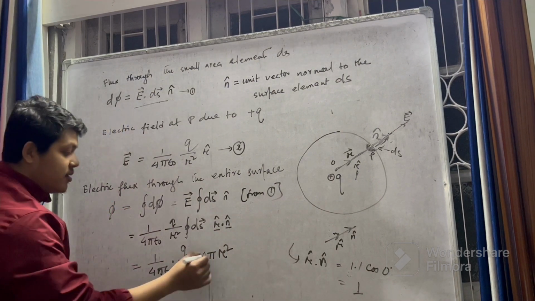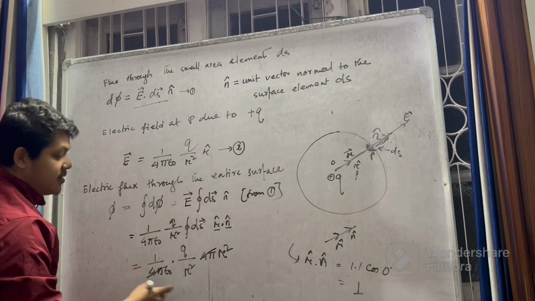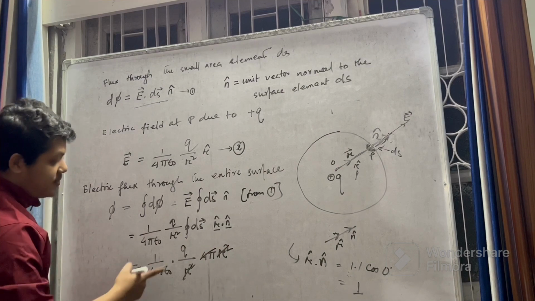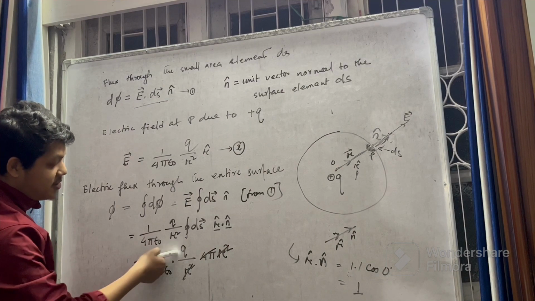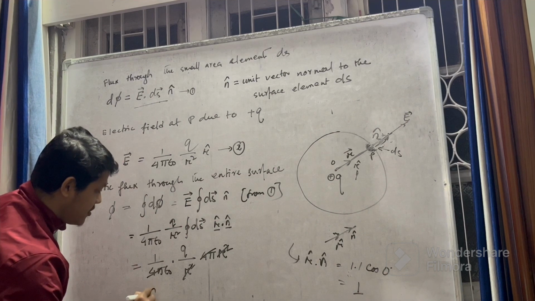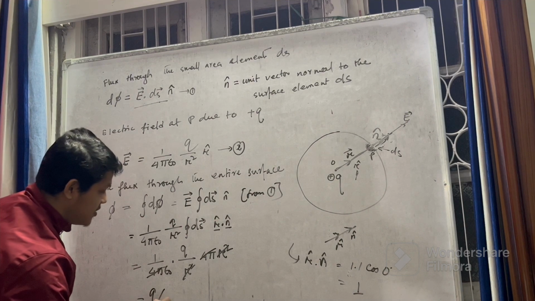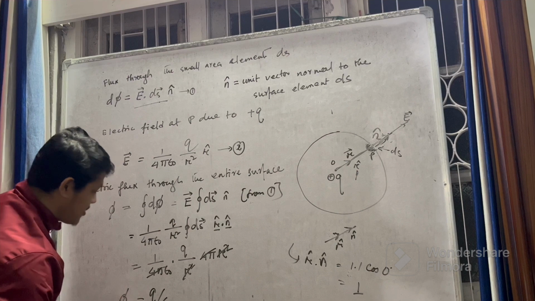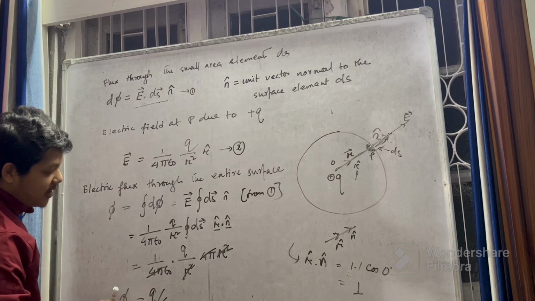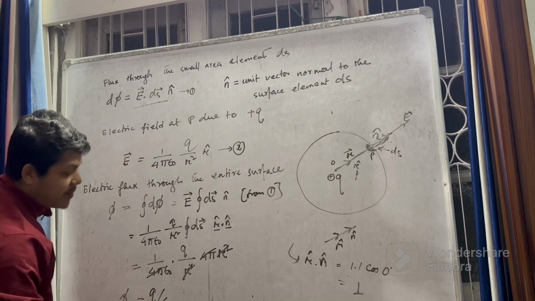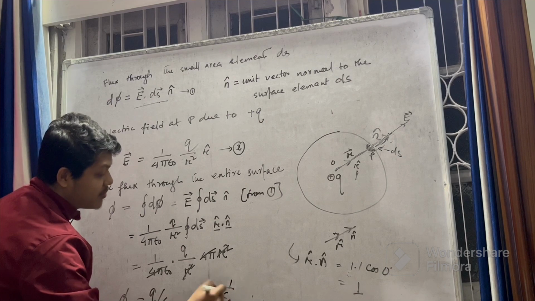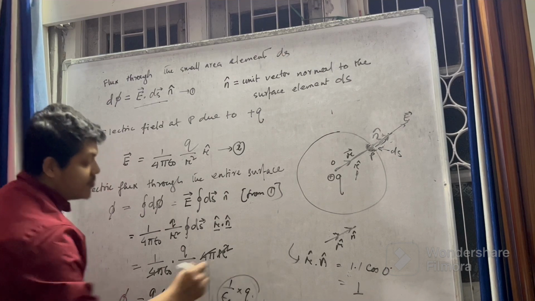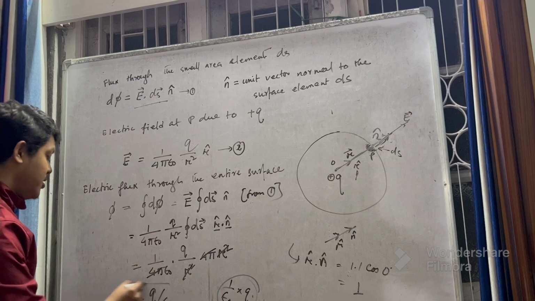So here you can see 4 pi cancels, r square cancels. We have only q by epsilon naught. This is the Gauss law. Flux through a surface is 1 by epsilon naught times q. So this is the Gauss law.